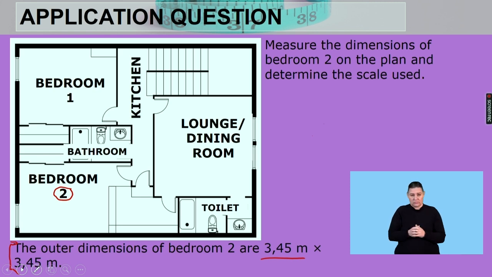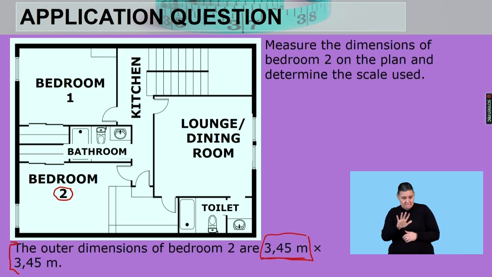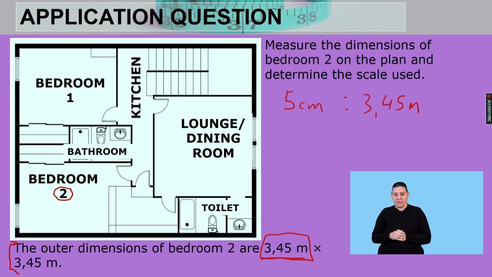So what do I need to do here? I've got to measure the length of the bedroom. So the actual length is 3,45. When I measure the length with my ruler, I get the length to be 5. So 5 centimeters from my side is equivalent to 3,45 meters in reality.